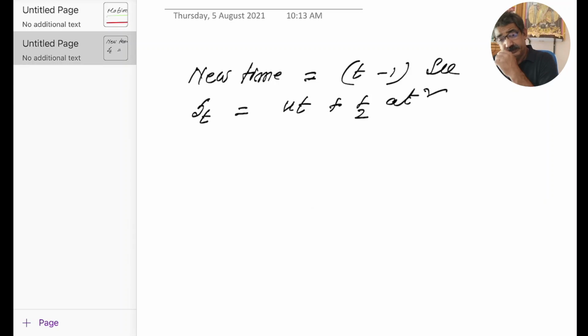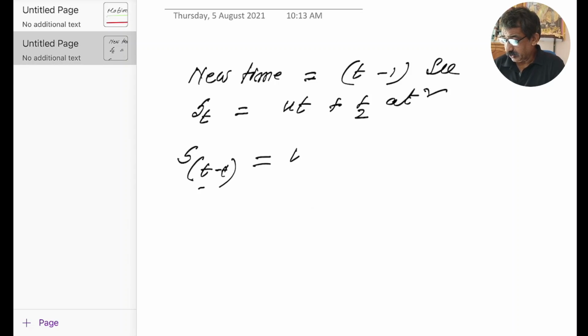But if the time changes to t minus 1, then that distance will be denoted by s suffix t minus 1. So this is equal to u into t minus 1 plus half a into t minus 1 whole square.